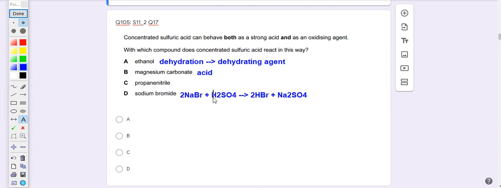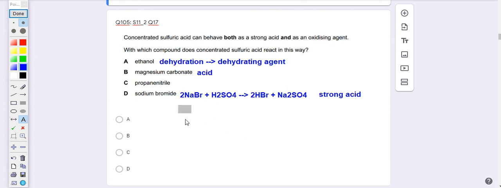In step number one, you can see that sulfuric acid lost the H plus, right? It became the proton donor. So in this step, it is actually a strong acid. It actually behaves as an acid.